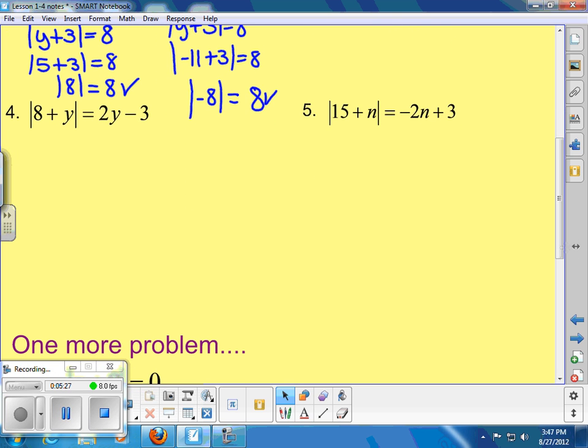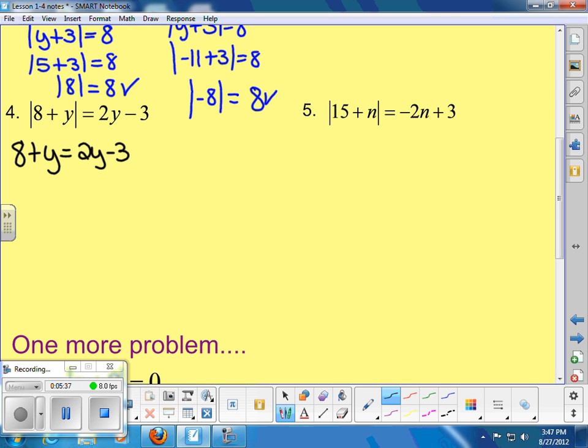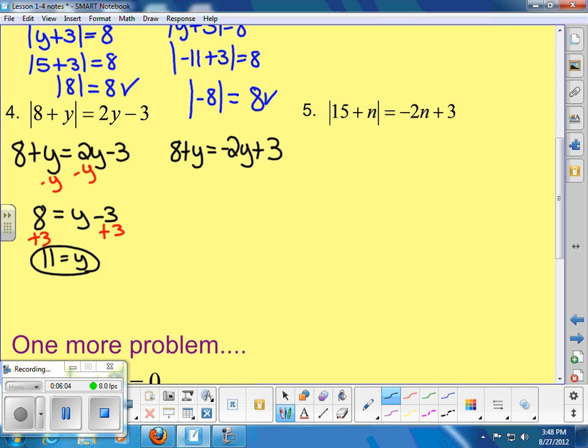Moving on. Number 4. In number 4, we again first begin by writing our two equations. 8 plus y equals 2y minus 3. And the second equation, 8 plus y equals negative 2y plus 3. And again, solve each one. I get 11 as the first solution.